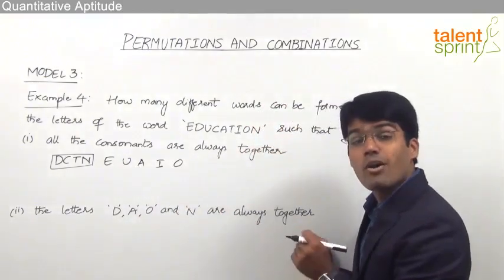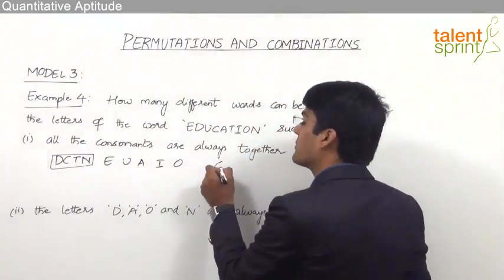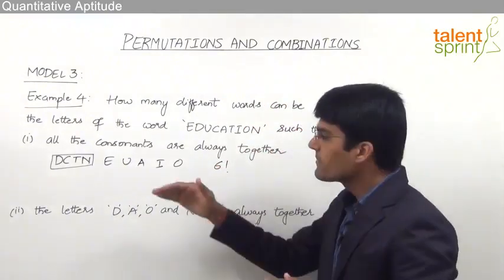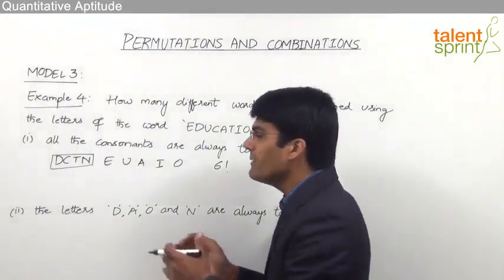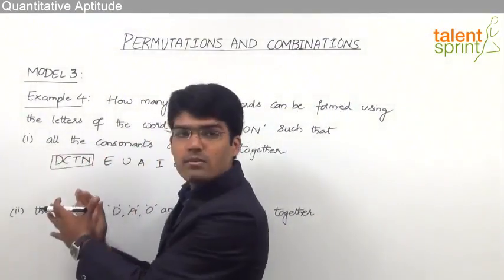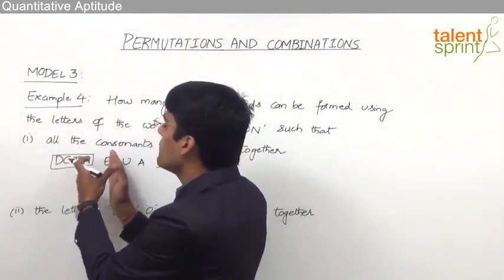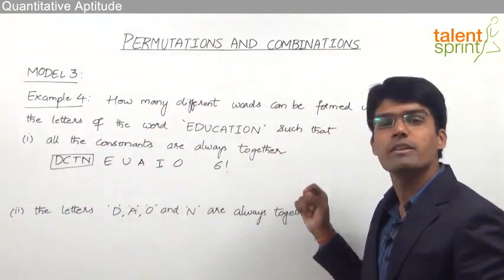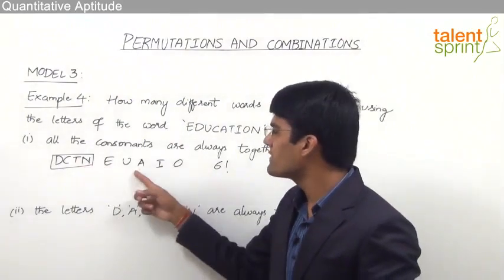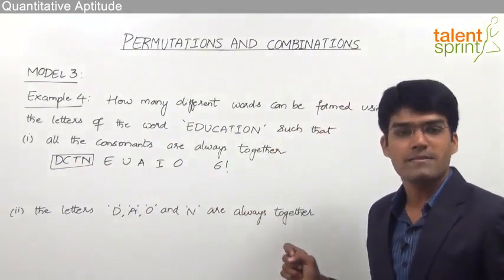Now we know that 6 objects can be arranged in 6 factorial ways. Let's say there are 6 positions and these 6 objects can be arranged in 6 factorial ways. Now the point here is when we take D, C, T, N as only one object, it means wherever these move, they will always be together. And that is what is required, that the consonants must always be together. So if there are 6 objects, we can say total number of arrangements are 6 factorial.